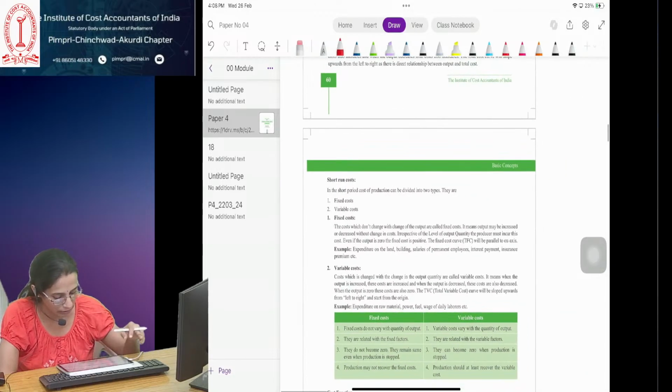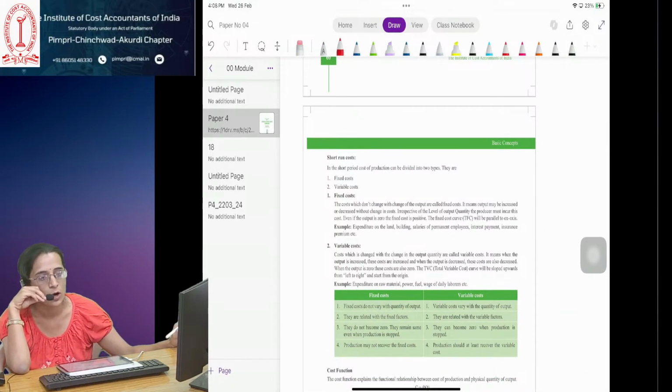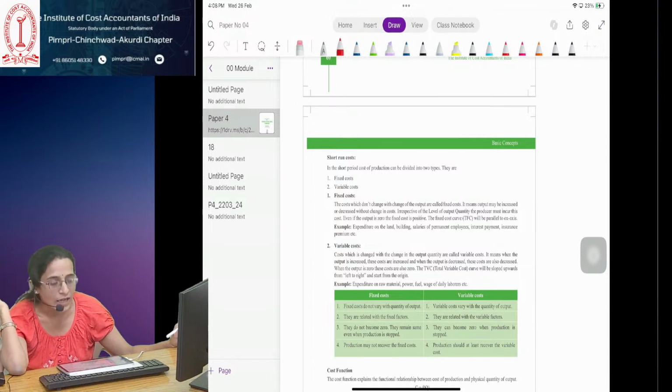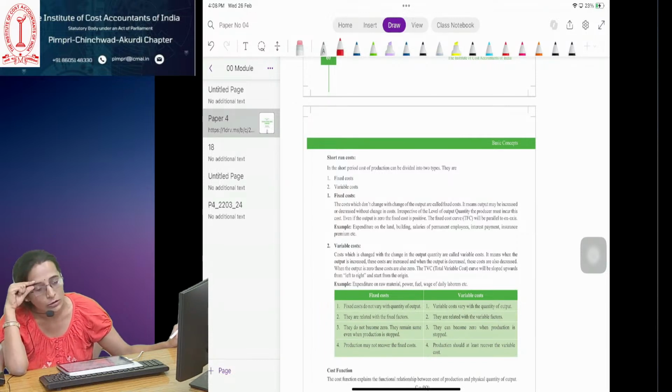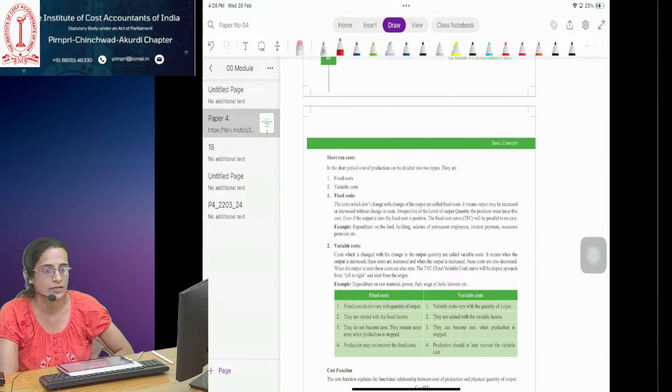Now we are again on fixed cost and variable cost. So now we discuss what is fixed cost, what is variable cost. Can you tell me in the short run and long run what types of costs are there? We will revise this. So in the long run, Piyush, which type of costs are there? Variable, fixed, which?